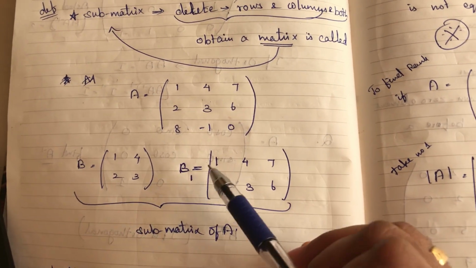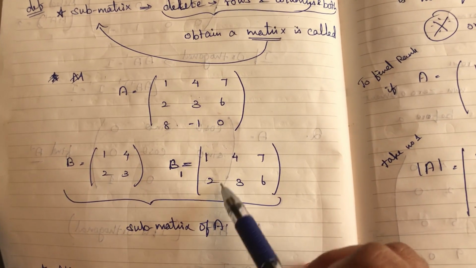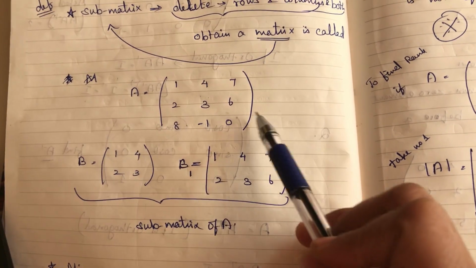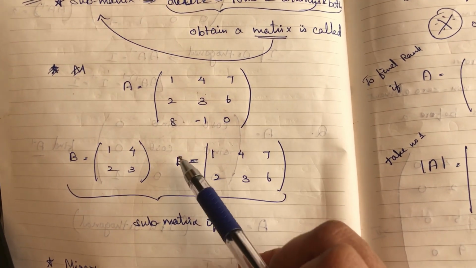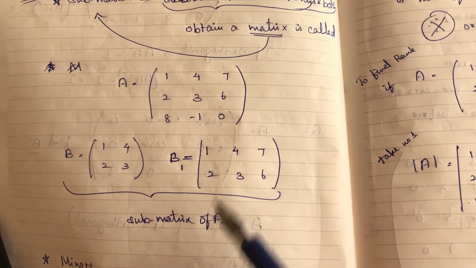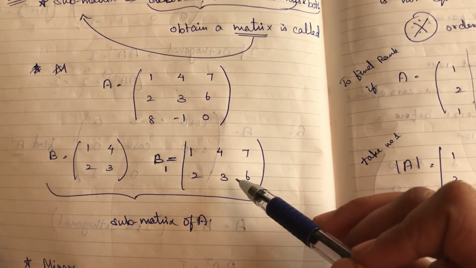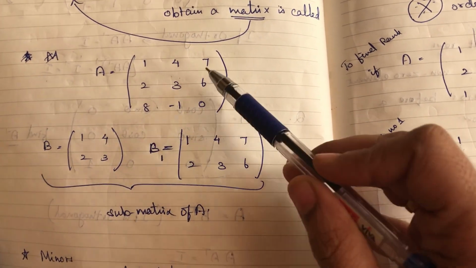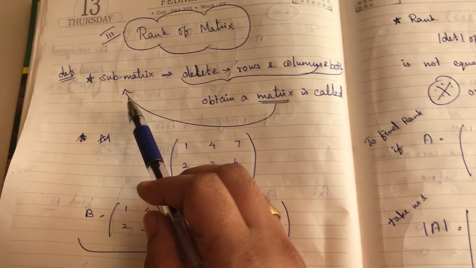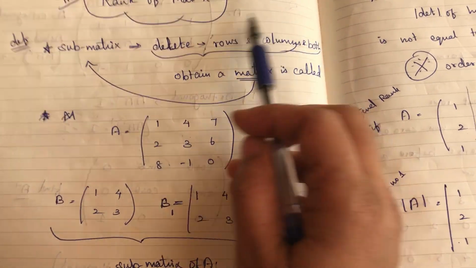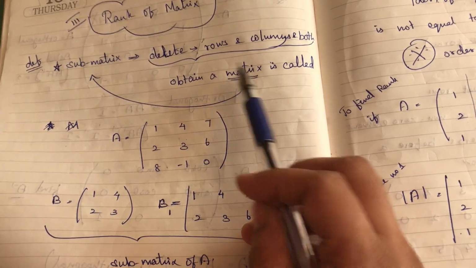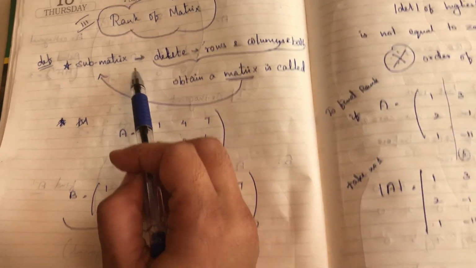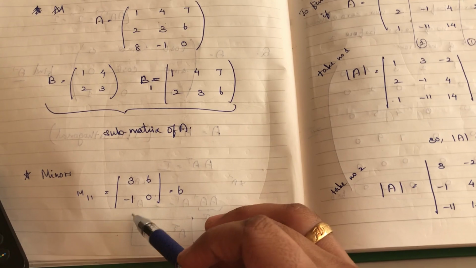Not only one row and column, you can easily see here I just eliminated the last row. After eliminating this row, I have written the matrix as B1 which is equal to 1, 4, 7, 2, 3, 6. You can see here this matrix is also a submatrix of A. So a submatrix is nothing but the matrix obtained after eliminating a row or column or both from a matrix. So this is the first definition here.